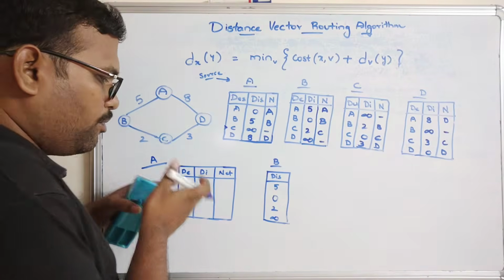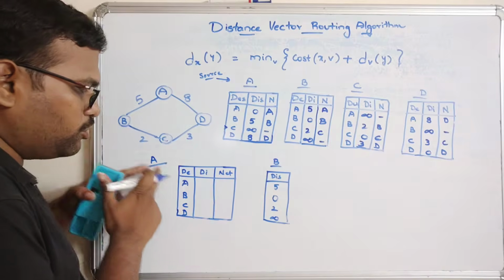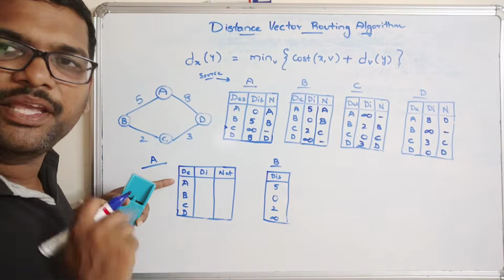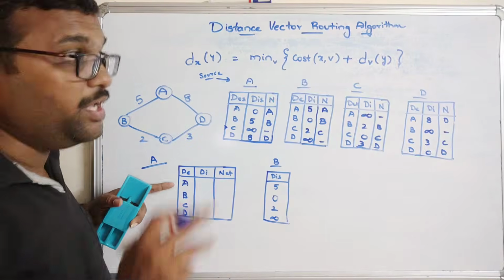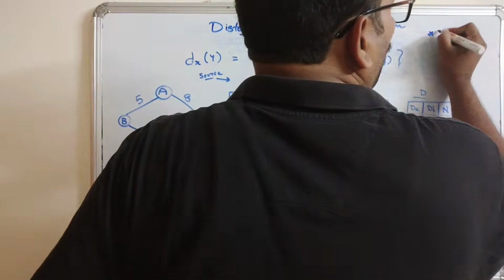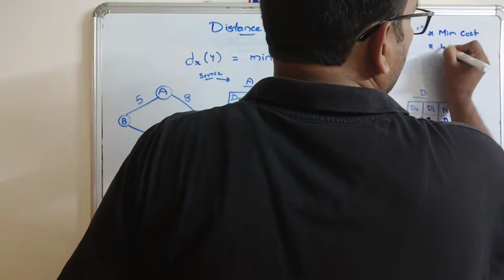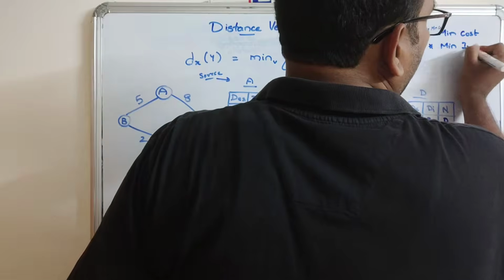Now consider the source to destination with the help of intermediate node B. Here two things we have to consider. One is minimum cost, another one is minimum intermediate nodes.